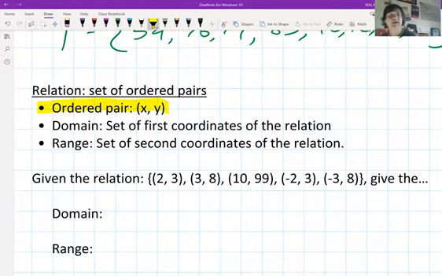An ordered pair is just a pair of values, oftentimes coordinates, like for a point on a graph. So x comma y, for example, that is an ordered pair. So a relation is just a set of ordered pairs. And you can see down here, this relation that we're given on this sample problem, there are the curly braces showing it as a set.